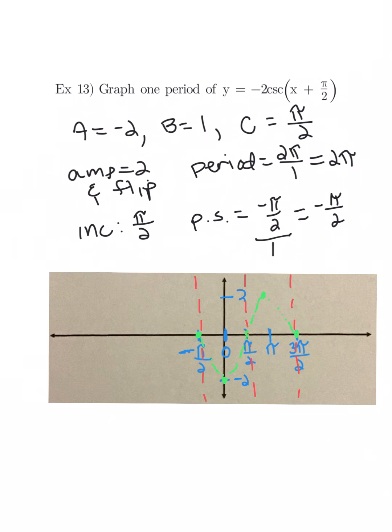And then for our first mark at negative 2, instead of opening upward as the sine does, we're going to open downward, staying between our asymptotes. And then at pi, we're going to be at positive 2 and open upward between our asymptotes.